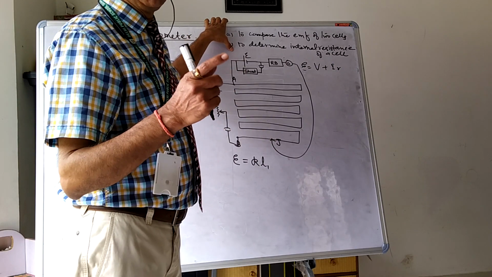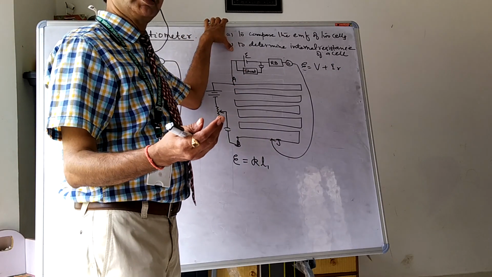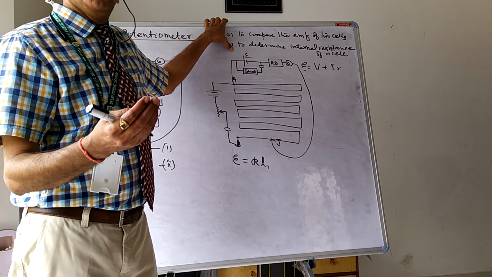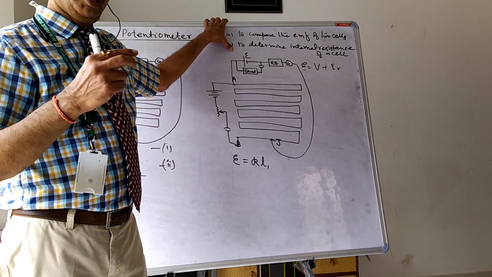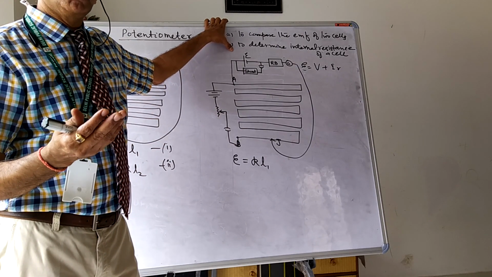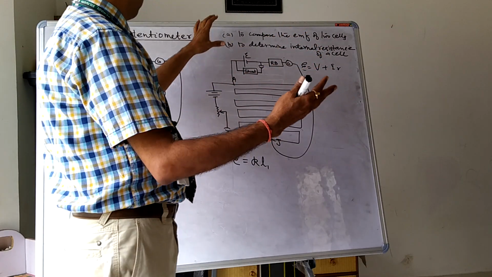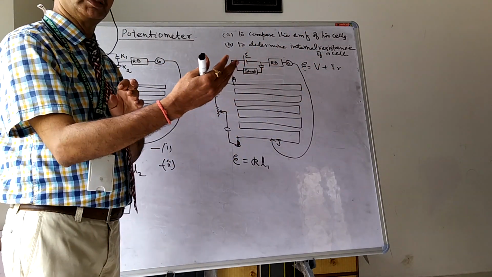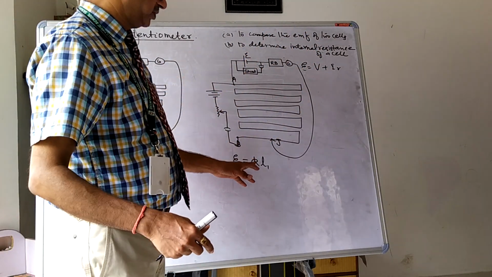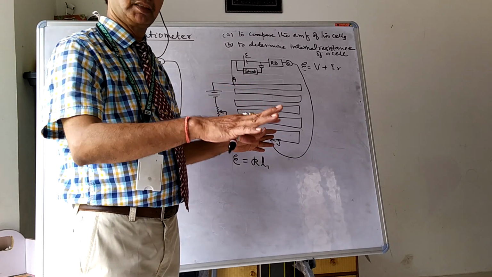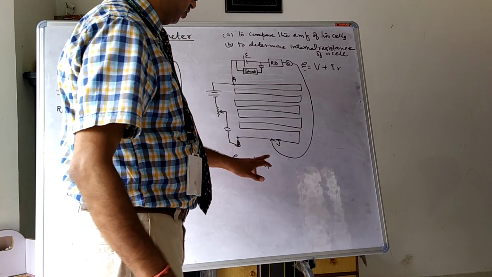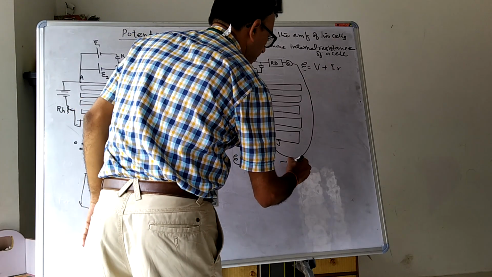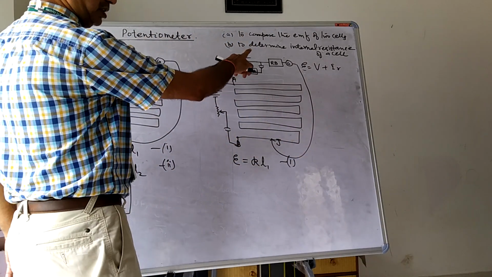The K should be constant, and the K determines the sensitivity of the potentiometer. We say the sensitivity is more when the balancing length L is more, because the current is less. Now, E equals KL1 is the expression when we are not using the key.